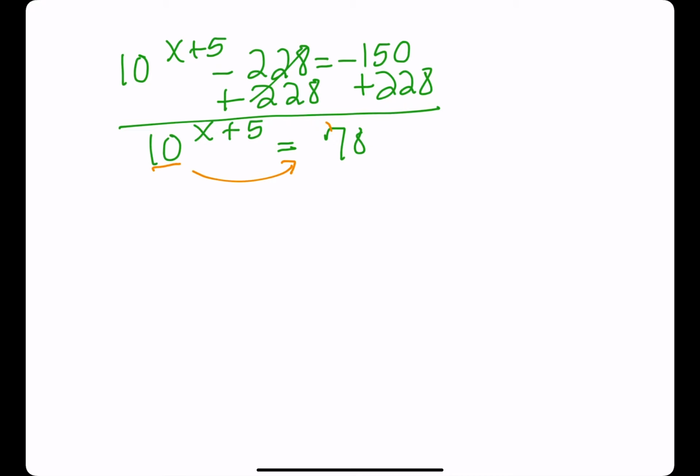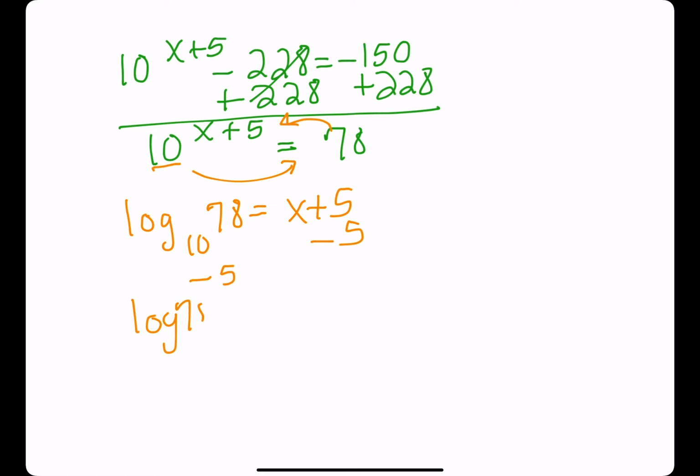I'm going to loop and swirl. So I'm going to use a log, base 10, 78 equals x plus 5. Now again, on a basic log, this 10 is understood, and the next step is to subtract 5. So that'll be log of 78, then minus 5. And that's your exact answer.